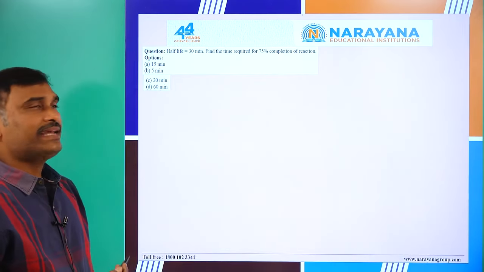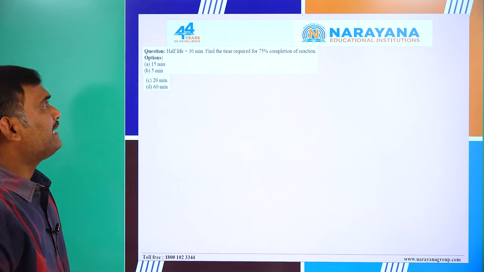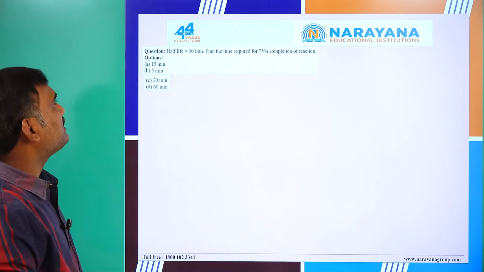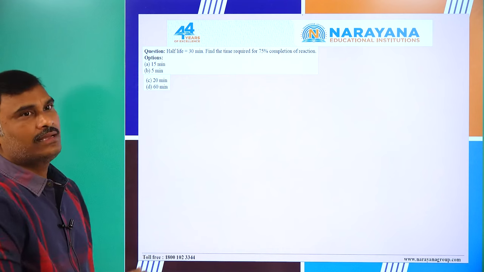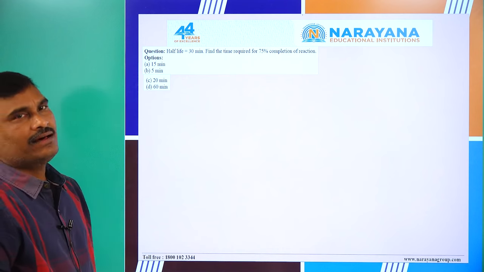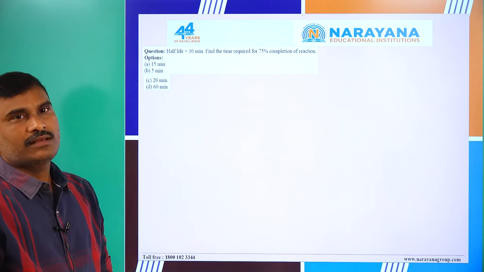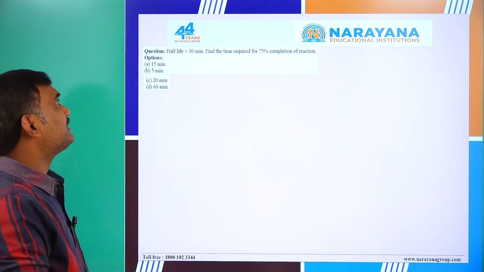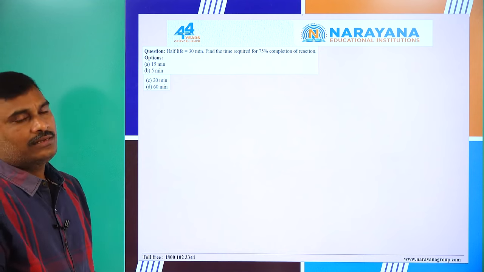Half-life time is 30 minutes, and we must find the time required for 75% completion of the reaction. Actually, this is first order kinetics. Half-life time of 30 minutes is given, and find the time required for 75% completion of the reaction.